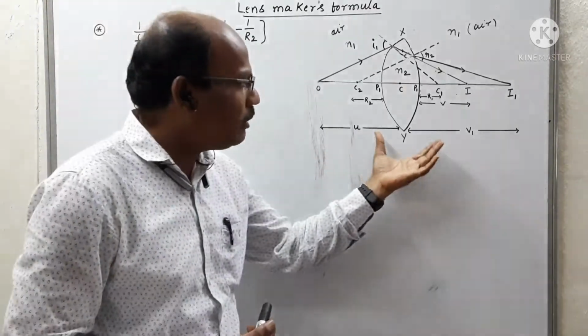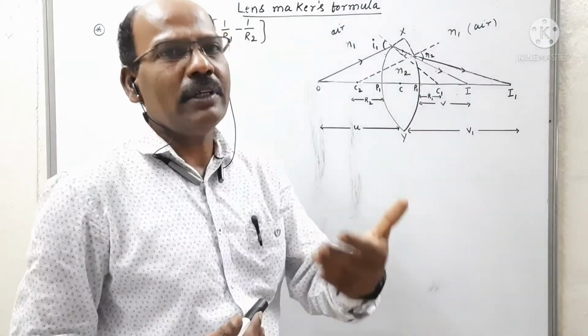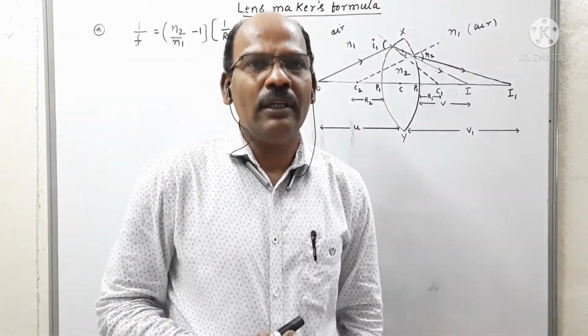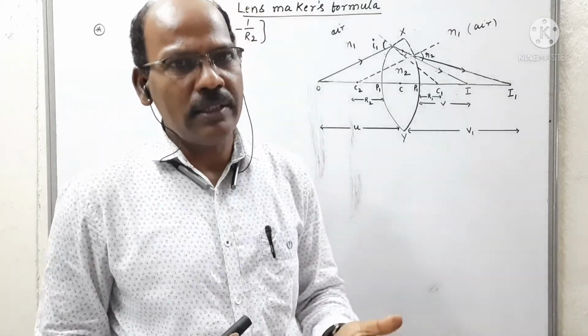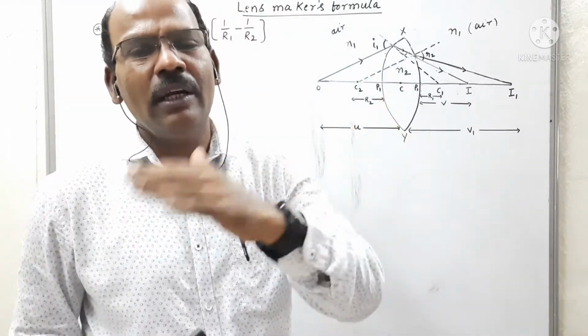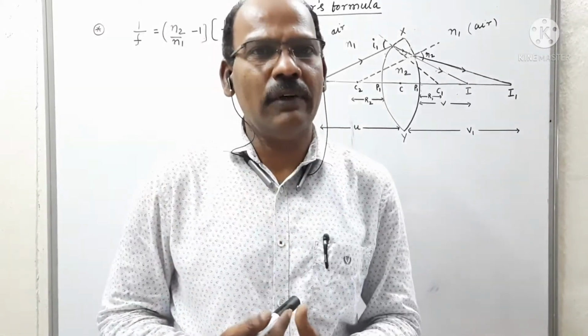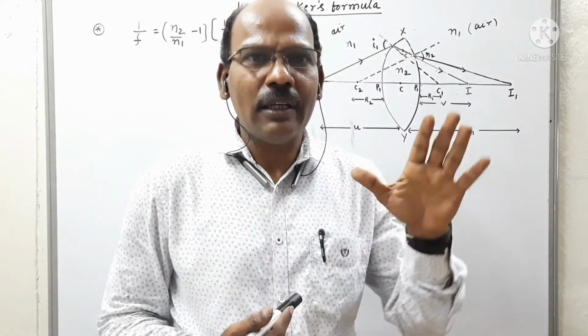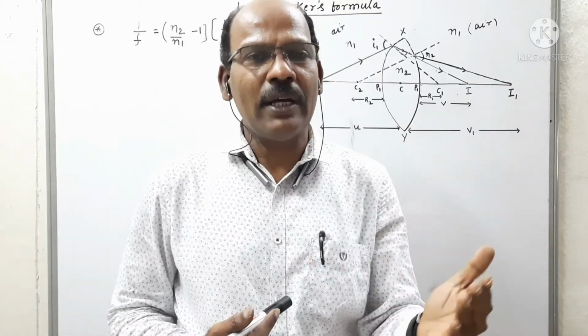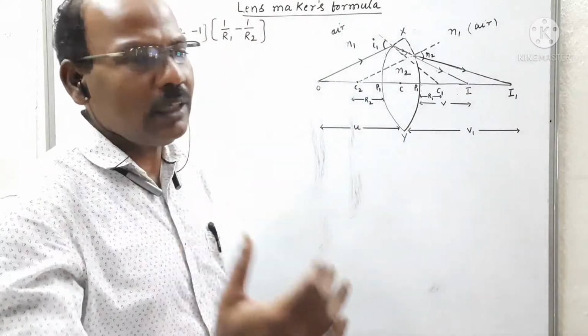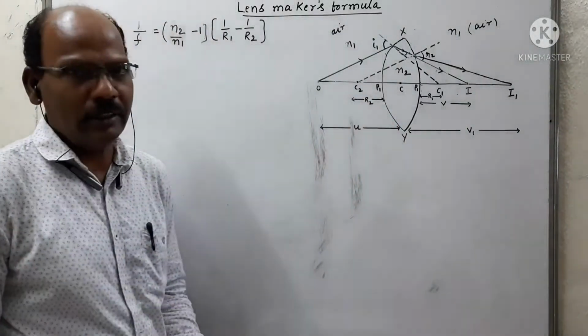From this simple diagram. In the previous video, we already explained the refraction that takes place from rarer medium to the denser medium, and what is the equation in the case of refraction of light from rarer to denser. So basing on that we can derive the relation.